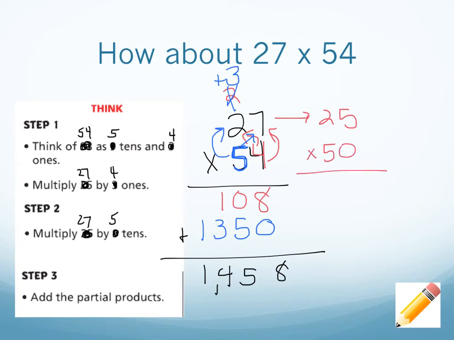If I think 5 times 25 is 125 and then add the 0, I get an estimate of 1,250. That estimate is close to my exact answer of 1,458. So I can assume that my multiplication is correct and go on with my answer.